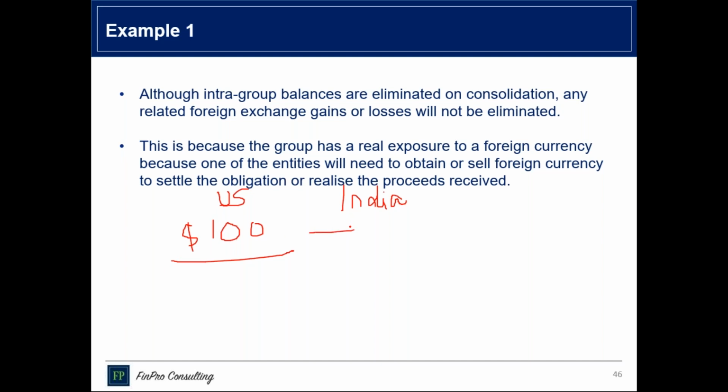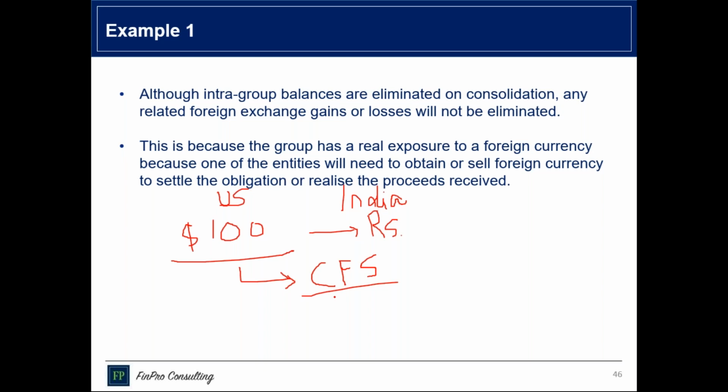In India, this loan is getting converted into rupees, and India is recognizing gain or loss on this foreign exchange translation on each reporting date. Now the question is, let's say US is preparing the consolidated financial statements where India is one of its subsidiaries.